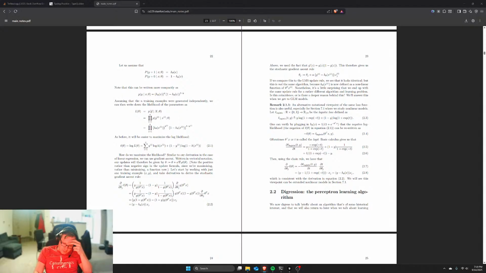So, let's do the sum of i equals 1 to n of yi d/d theta.